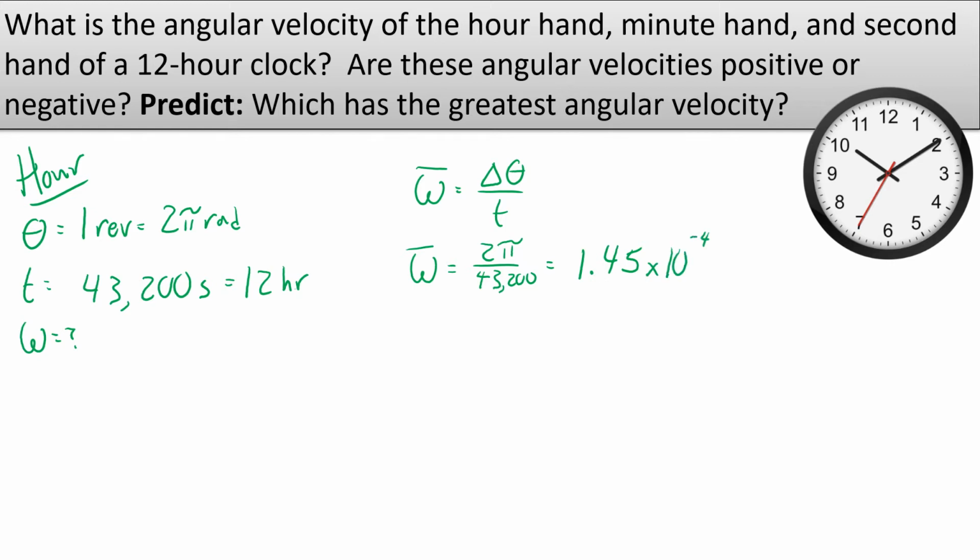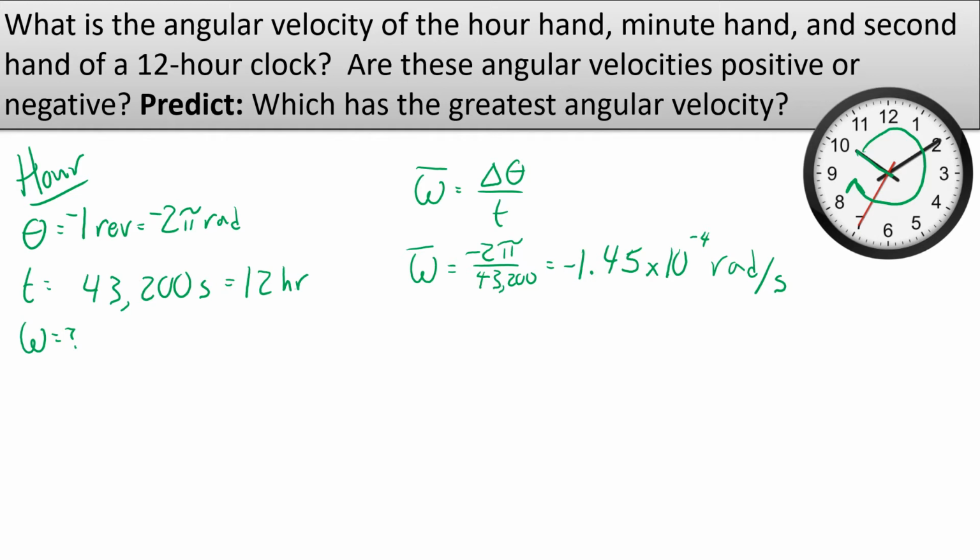And what are the units for angular velocity? Radians per second. So that's how we write that. Now, note, I did forget something here. So we are moving clockwise, which means our angular displacement is negative, which means we have a negative angular velocity there.